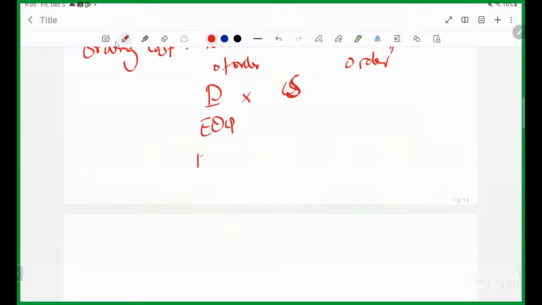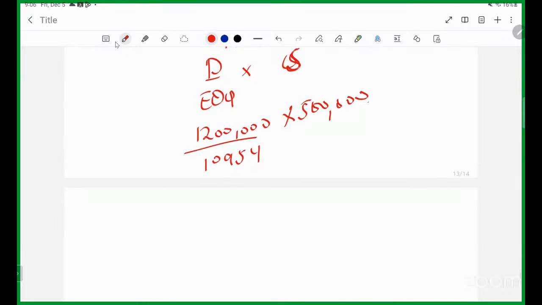It is 1.2 million birds. However, EOQ has changed now. We are ordering 10,954 birds times the cost of making the order, which was 500 what? 1,000. So what is the total ordering cost?